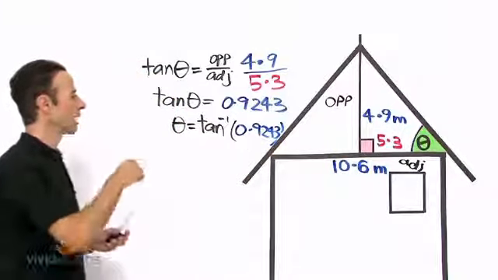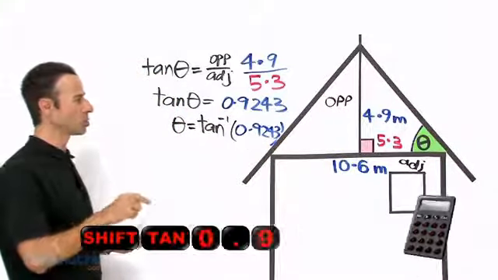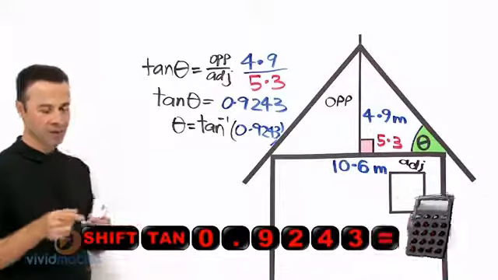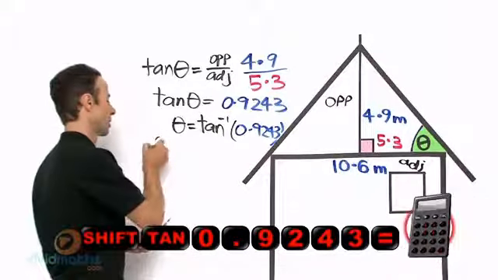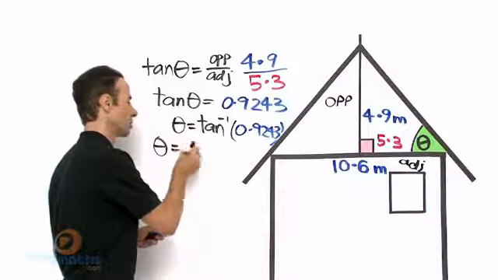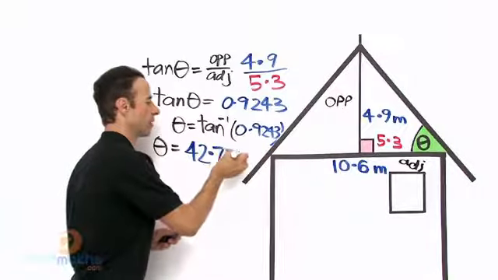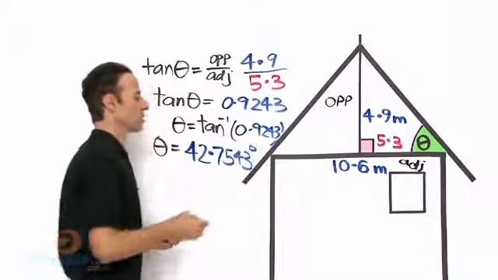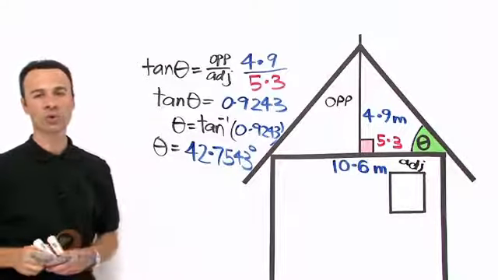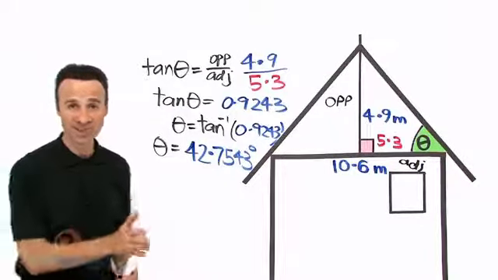Okay, when we put that in the calculator, shift tan 0.9243 gives us, and this will be a decimal degree, 42.7543 degrees.